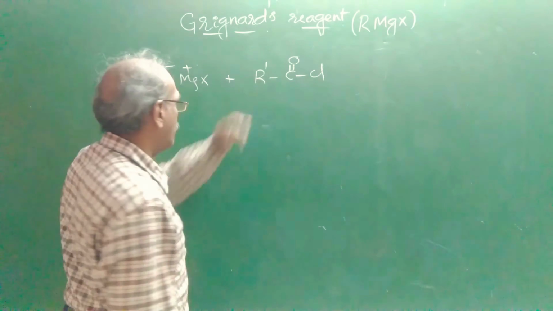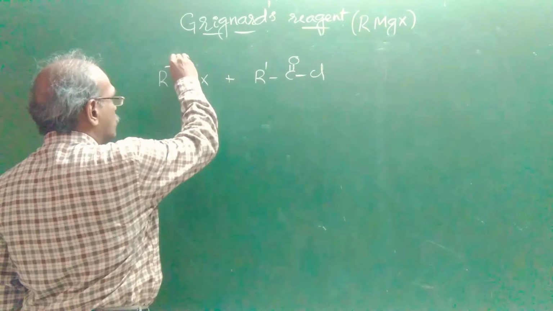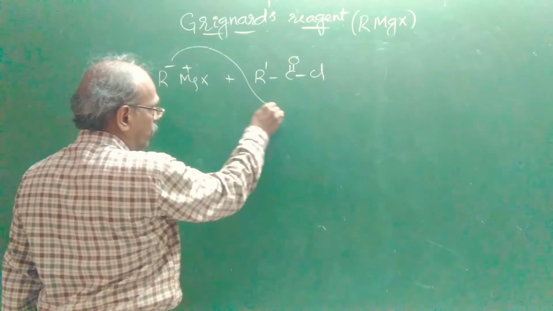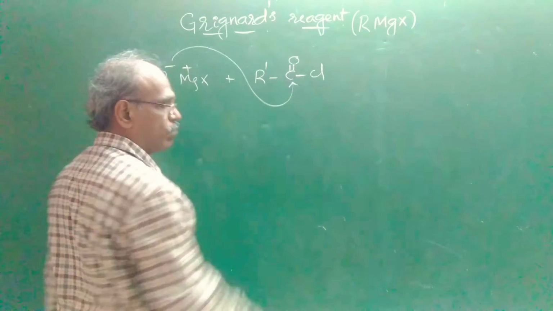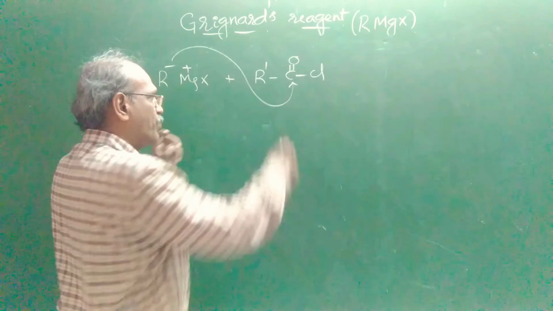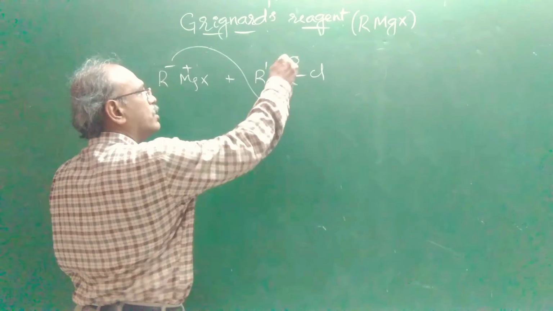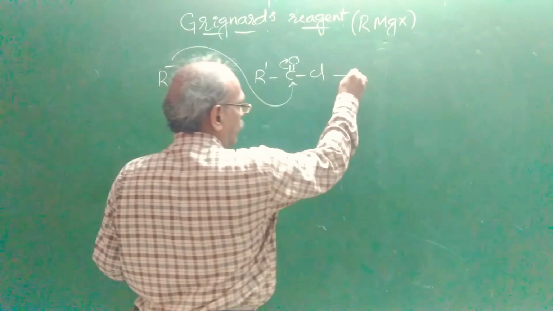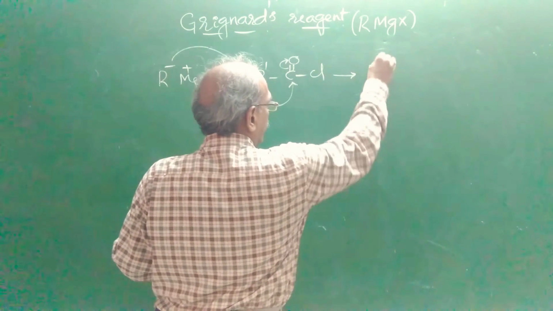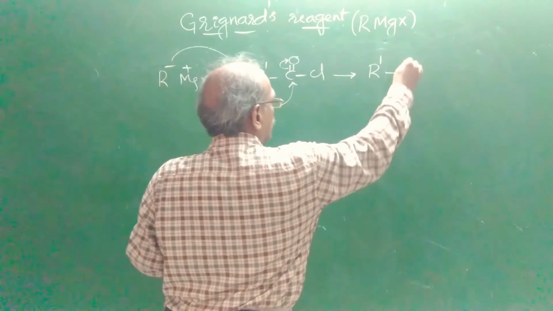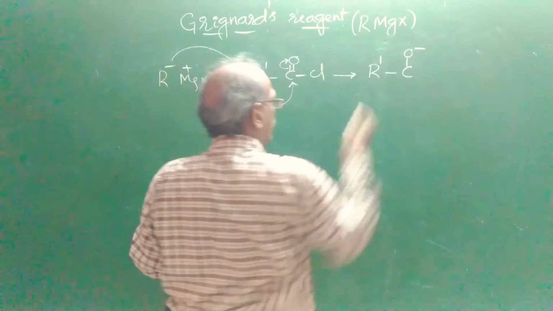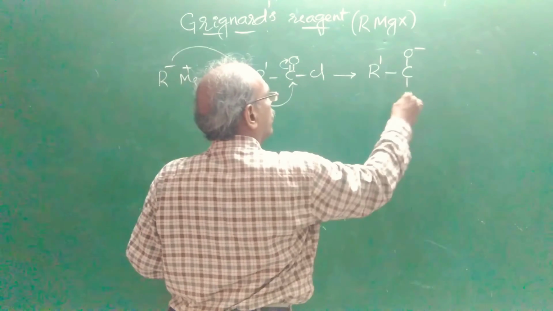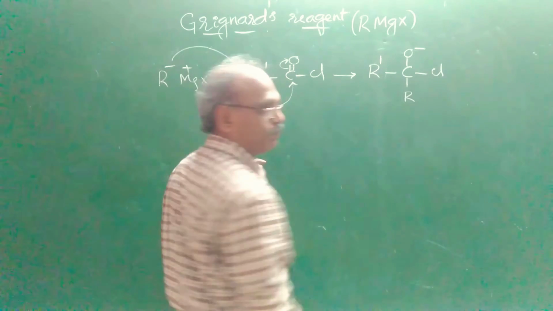Now see other groups, for example acid chloride. Acid chlorides are called acyl chlorides. Here also this donates an electron pair to this carbon, and these electrons are transferred onto oxygen. Then what happens? R dash C single bond O minus, here R, and this is Cl.